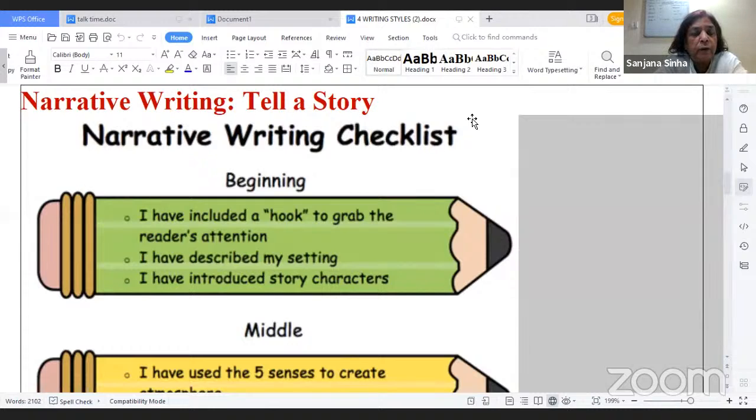So when you're telling a story, it should have a beginning. It means I have included a hook to grab the reader's attention. It means the topic of the story. What is the name of the story? It should grab the attention of the reader.